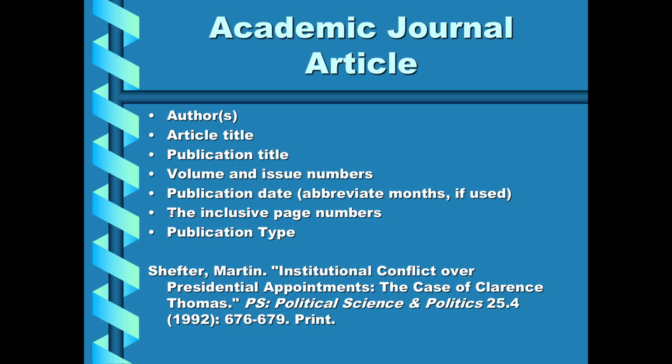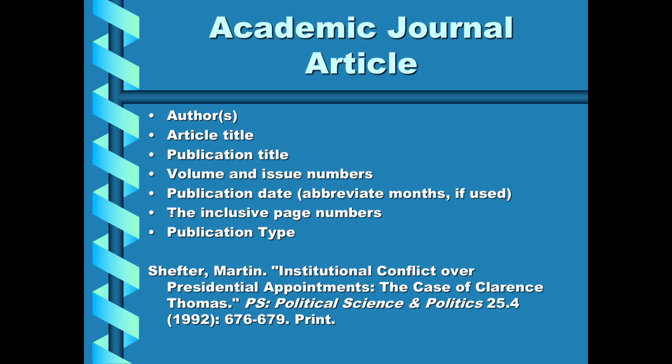If it's one that you got from a database, then you would use the next model for it. But let's say that you do have an article that you found, sort of like an overtly hard copy that you could physically hold the journal itself in your hands.